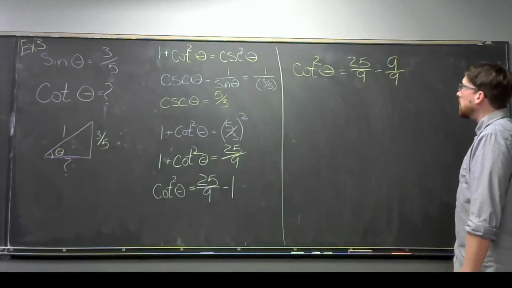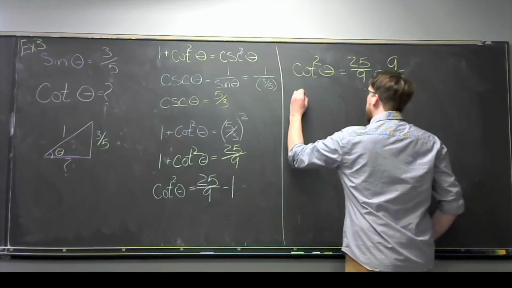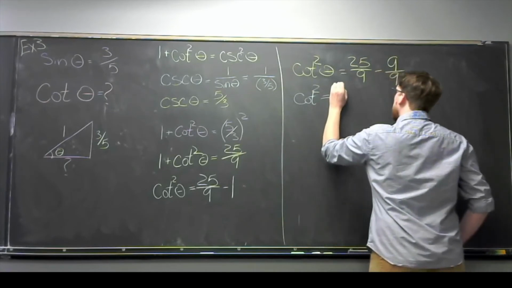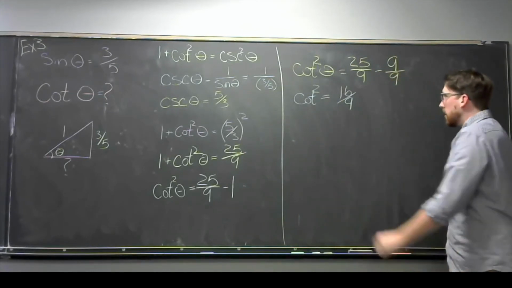Subtracting everything, we find that cotangent squared is equal to 16 over 9.